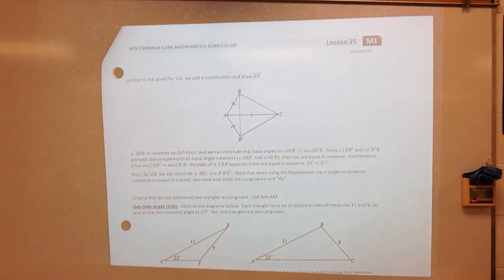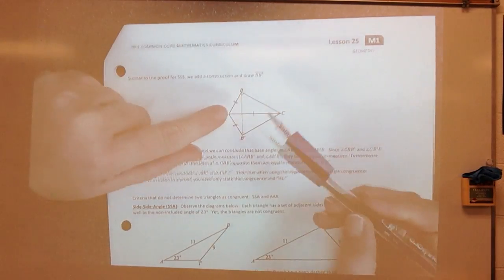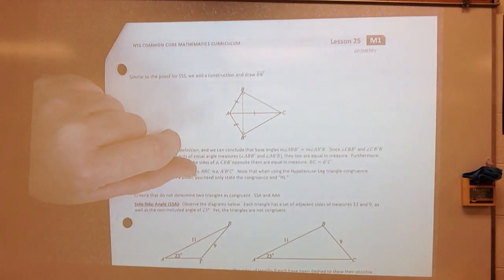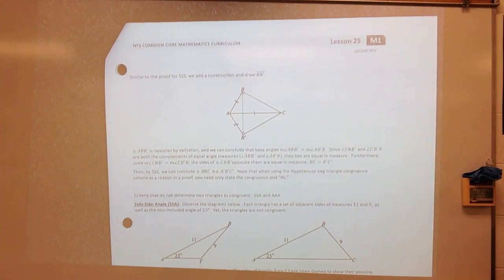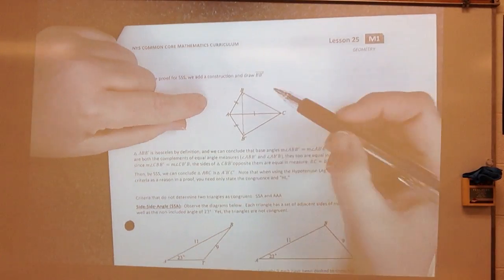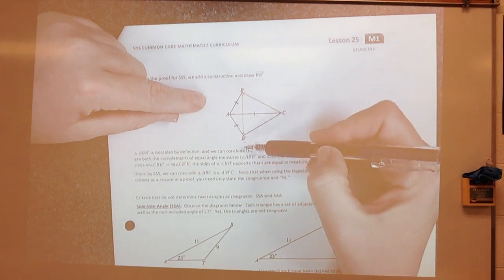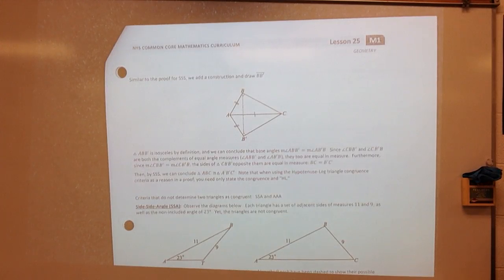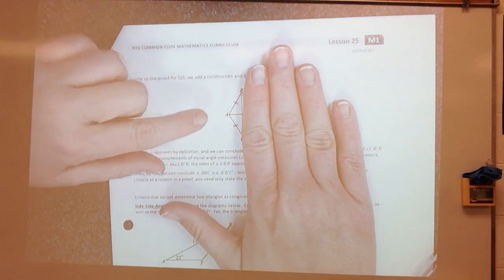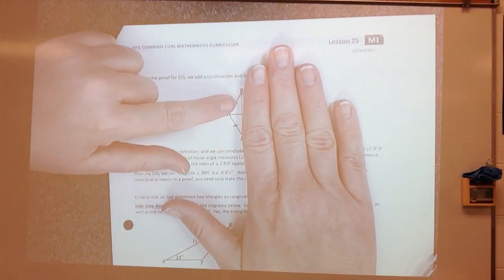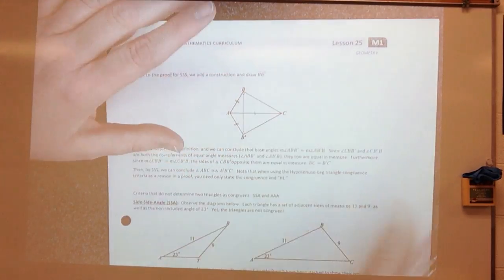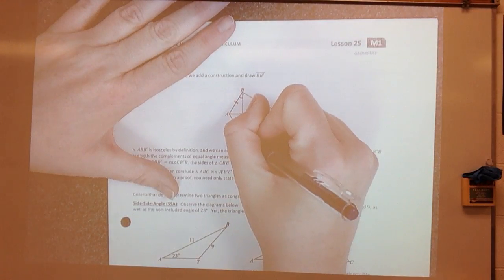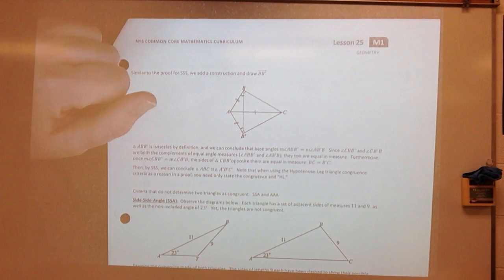Okay, so let's talk about that for just a second. Both of these angles are right angles, so we know that they are equal to 90 degrees. Now, since we added this auxiliary line here, a new construction, we have divided this into several different triangles. We know that this is an isosceles triangle, which means that this angle right here is equal to this angle right here.